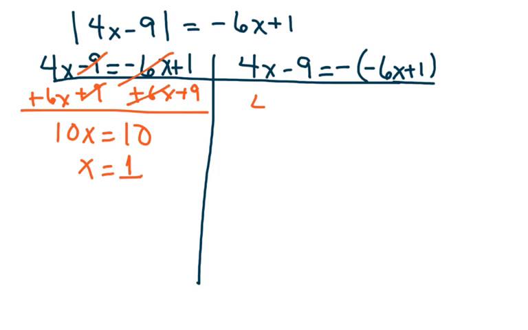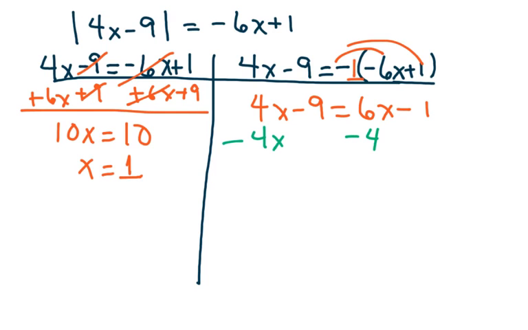And this side, I'm going to get 4x minus 9 equals 6x minus 1. I'm distributing the negative 1. I'm going to subtract 4x. I like my x positive. And then I'm going to add 1, excuse me, to both sides.